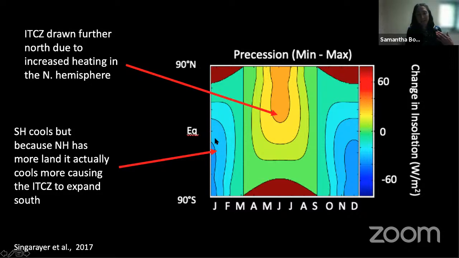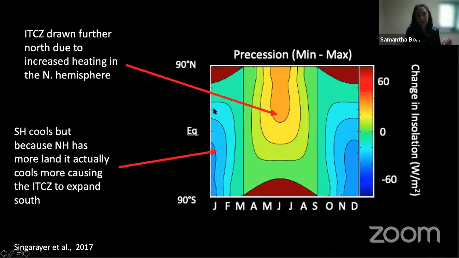would keep the ITCZ from moving too far south and lead to a mean shift towards the north. But instead, basically what they demonstrated was that because you have less insolation coming in the southern hemisphere, you also have less in the northern hemisphere.